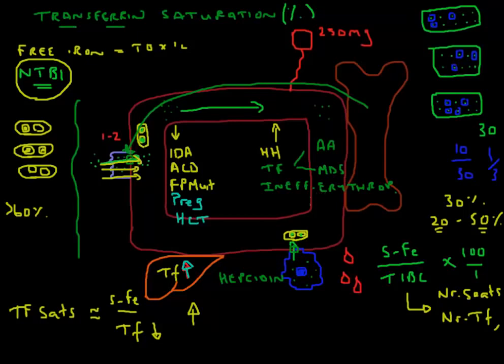And conditions that we think of here would be things like thalassemia, sideroblastic anemia. There's something called Diamond-Blackfan anemia, which is a congenital condition, and many others, whereby there's ineffective erythropoiesis leading to increased iron absorption, increased serum iron, and an increased transferrin saturation.